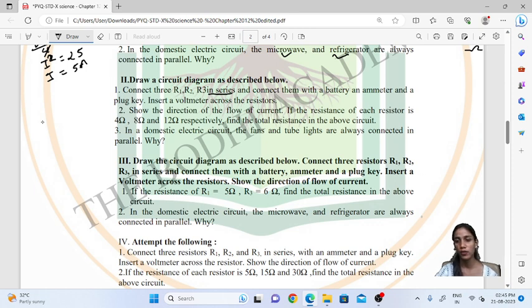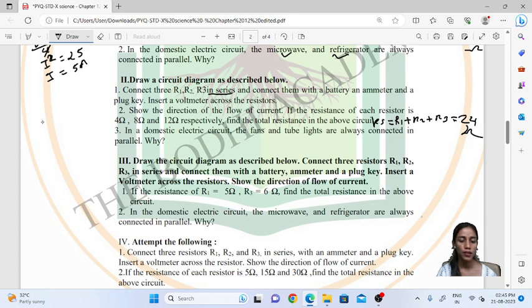So again you have to do the same thing. Rs is equal to R1 plus R2 plus R3. Here it is 4 plus 8 plus 12, which will be 24 ohms total. You have to add all of this.